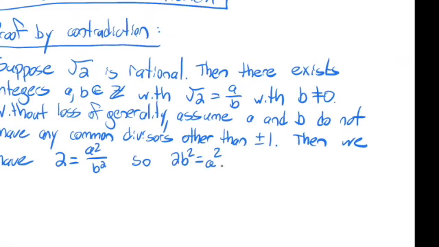So in other words, 2b squared is equal to a squared. And if we know that a squared is equal to 2b squared, then what type of number does a squared have to be?